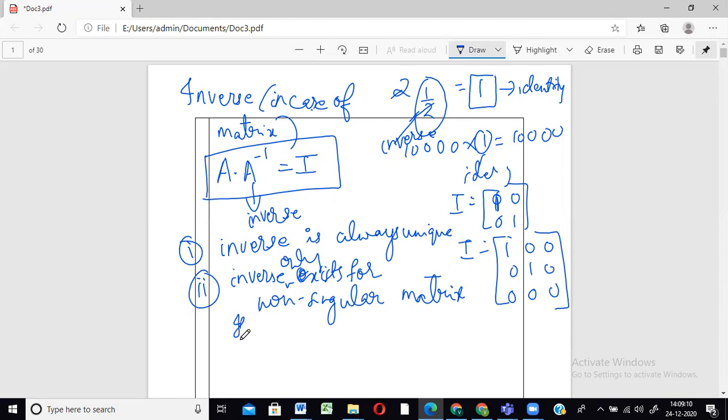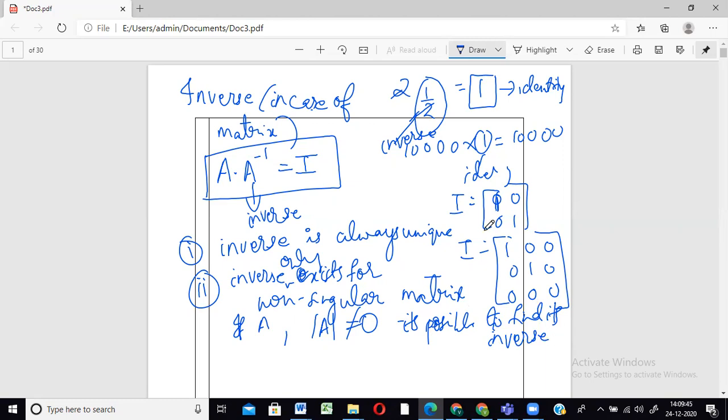Suppose we have A as a matrix, then the determinant of A should not be equal to 0. If it is equal to 0, then it is called a singular matrix. If it is not equal to 0, then it is called a non-singular matrix. So only if the determinant of a matrix is not equal to 0, it's possible to find its inverse. Only then the inverse exists.